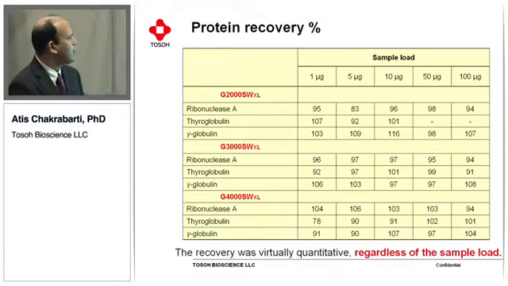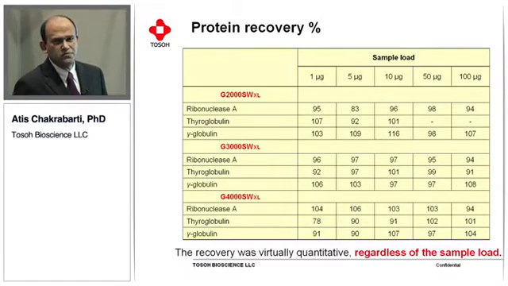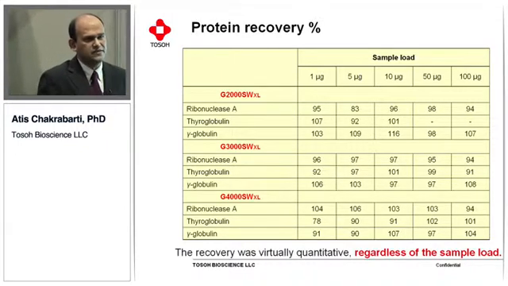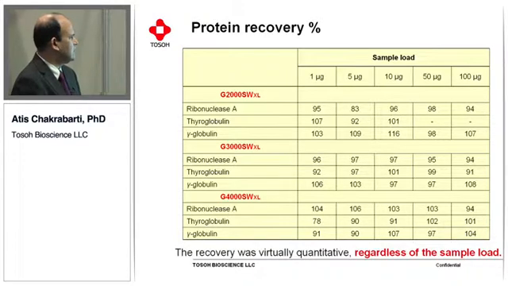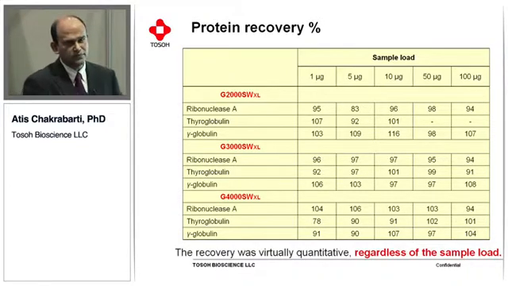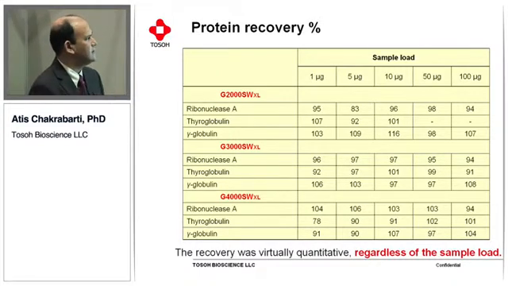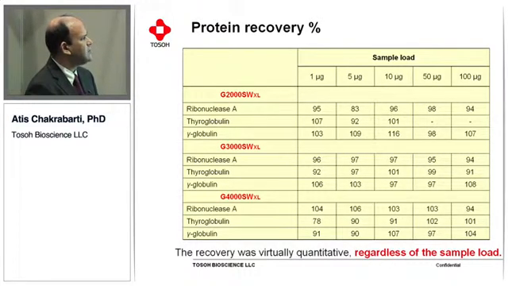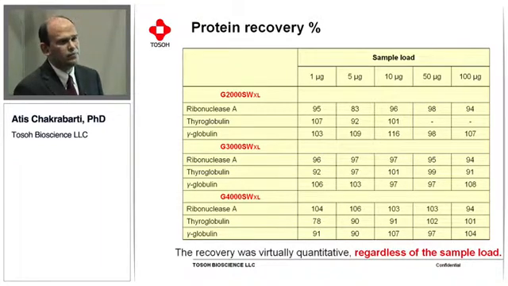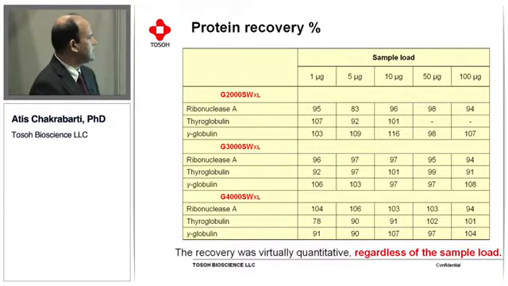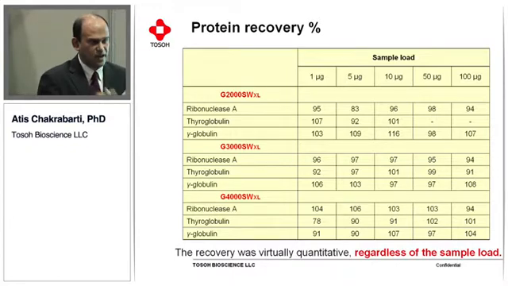Now we have done some recovery study as a function of 3 different column lines of the XL series, 2000, 3000 and 4000. I am not going into fine details, but at a glance you can clearly see that even at 100 microgram of sample load, the overall recovery is very, very good, irrespective of the different types of pore size.